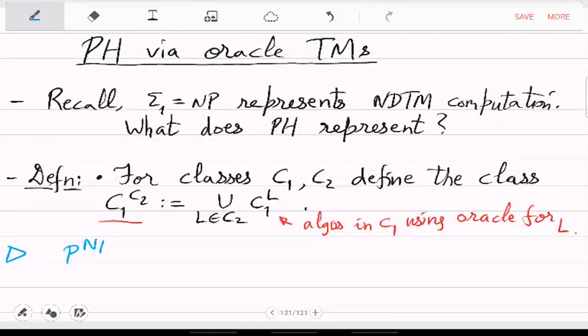So P raised to NP, right? It's a polynomial time computation using polytime NDTMs. So that is actually the same as P raised to SAT. And then we don't know whether it is bigger or smaller than NP. Right, that's an open question.